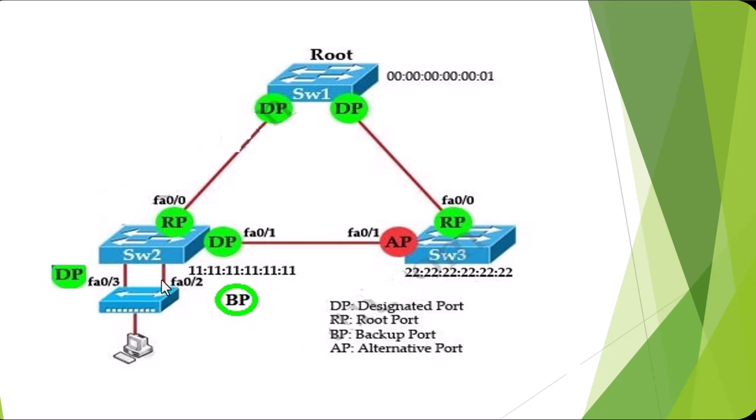Now for these two ports on this switch, one will become the designated port and the other one will become the backup port. Switch 2 selects its designated and backup ports, and the decision process involves the following parameters inside the BPDU: the lowest path cost to the root, the lowest sender bridge ID, and the lowest port ID.